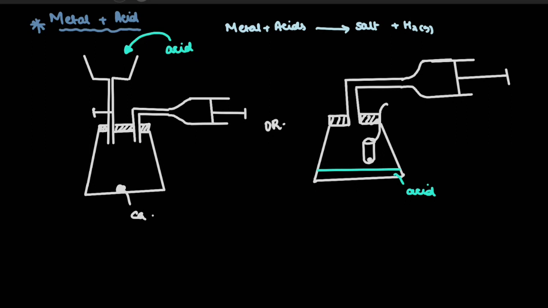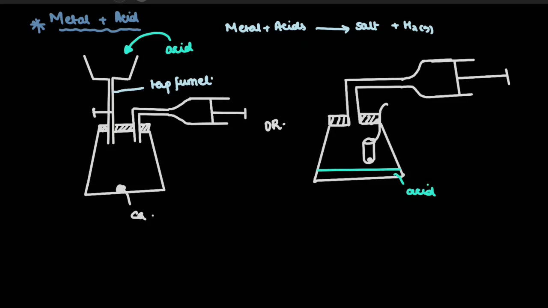So, this is a tap funnel. What I'll do is that I'll put the calcium inside of the flask, and let's say I'm using a reaction between calcium and HCl.